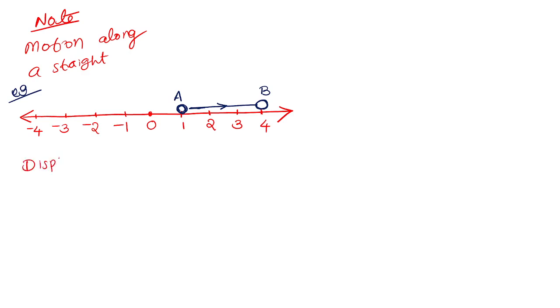The displacement is obtained by the final position minus initial position. In this way we find the displacement. Please note it: final position minus initial position. Don't change the order.